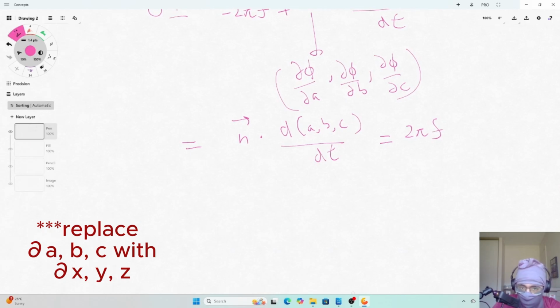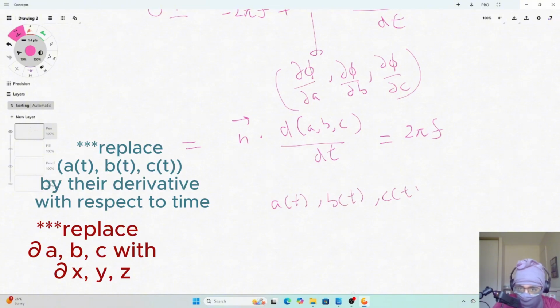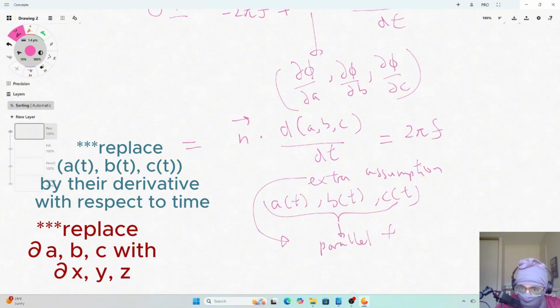This is a general rule, but suppose now that AT, BT, and CT, extra assumption. We suppose now that this is parallel to the normal of the surface.